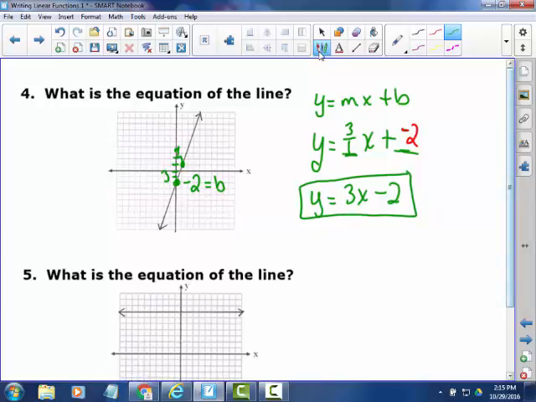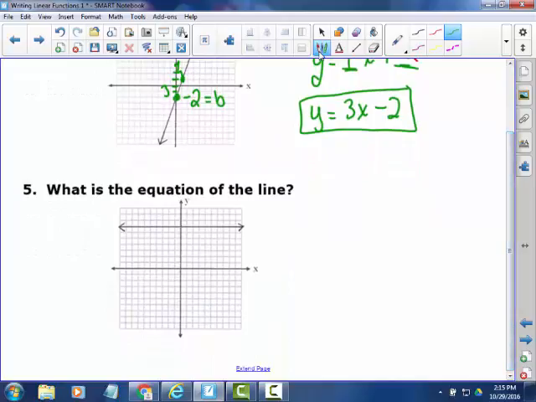All right, let's look at another graph. What is the equation of the line? Okay, so again, we start off y equals mx plus b, because I can see from the graph it is not my special vertical case. Y is still y, x is still x, but I need an m value and a b value. I look at my graph and I see my y-intercept is at 1, 2, 3, 4, 5, 6, 7.